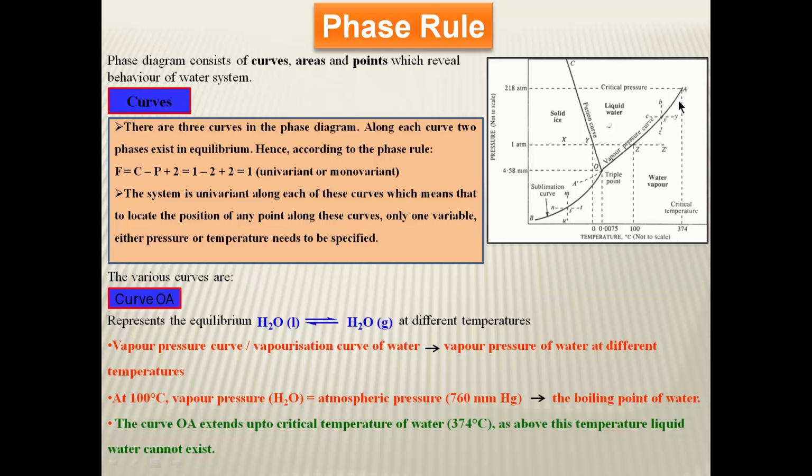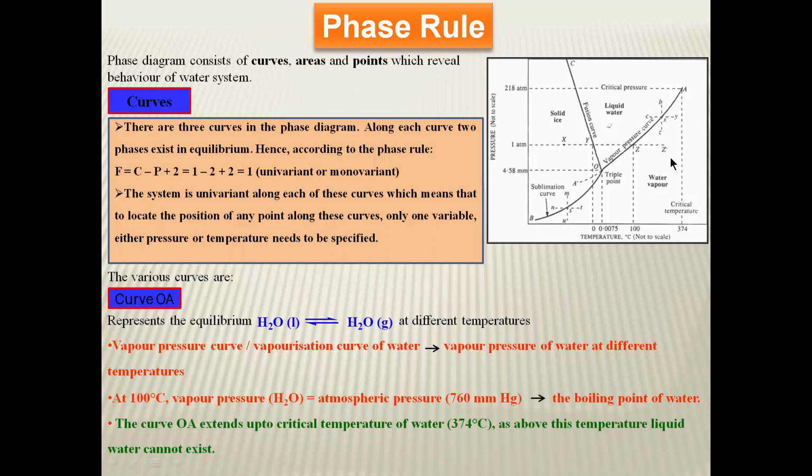Along this curve, if you select any point X, I'm going to discuss these dotted lines now, that is XY, XZ, XB and XC, what information do they actually give? We can select any other point also, because at all the points this equilibrium is valid. Now, at point X, if I keep the pressure constant and increase the temperature, the dotted line XY will be traced and the equilibrium will be shifted towards the vapor side.